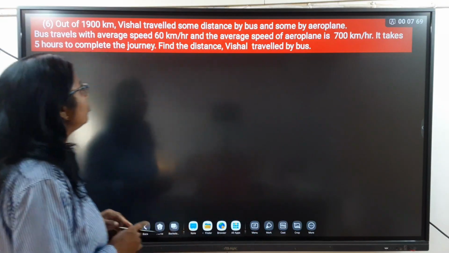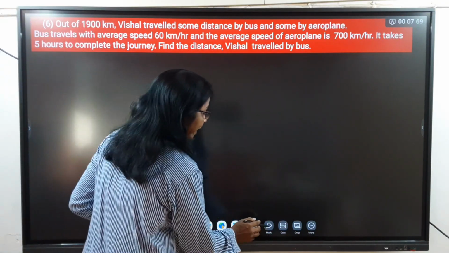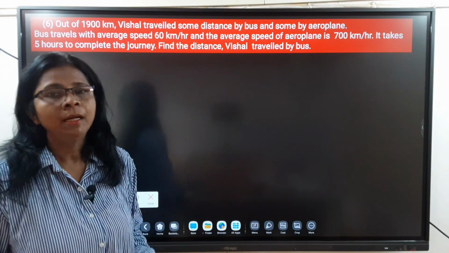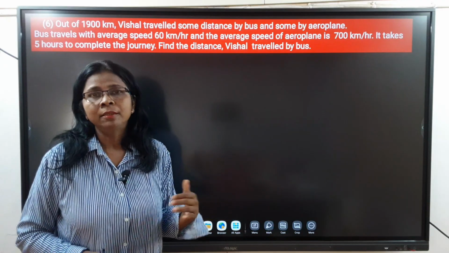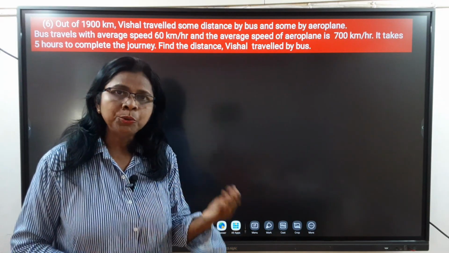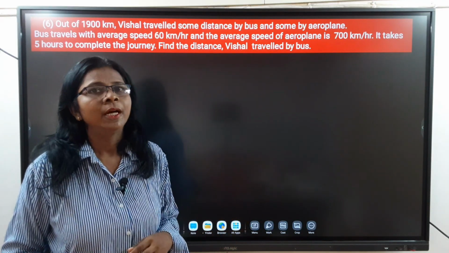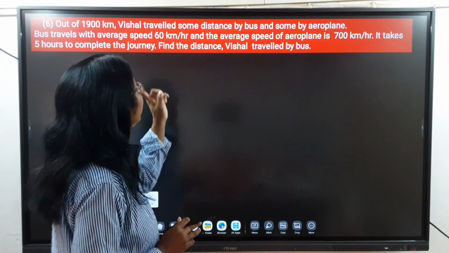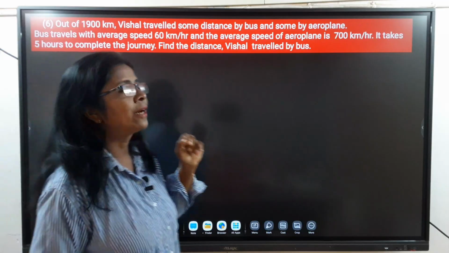Okay. So now here students, while reading that, we understand that we shall travel by bus as well as the aeroplane, but the time to cover the distance is different. So that's why we first make an assumption, since we have to find out the distance that we shall travel by bus.